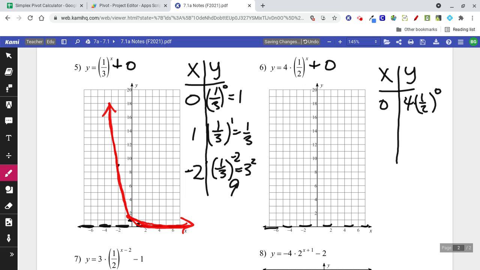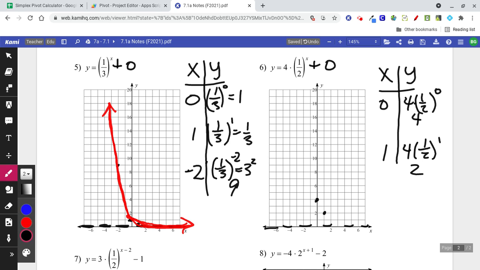You good enough to do that in your head yet? 1/2 to the 0 is 1. 4 times 1 is 4. We've got 0, 4. If I plug in 1, 4 times 1/2 to the first, that's 4 times 1/2, which is 2. We've got the point 1, 2.